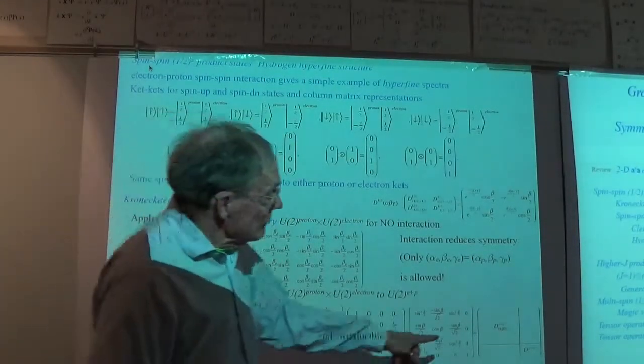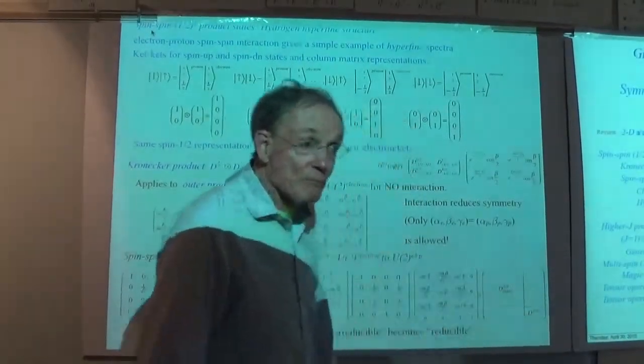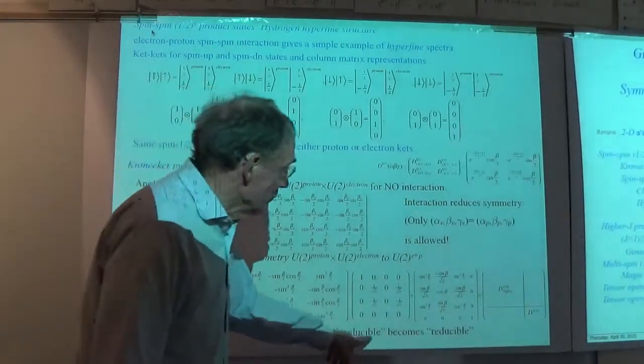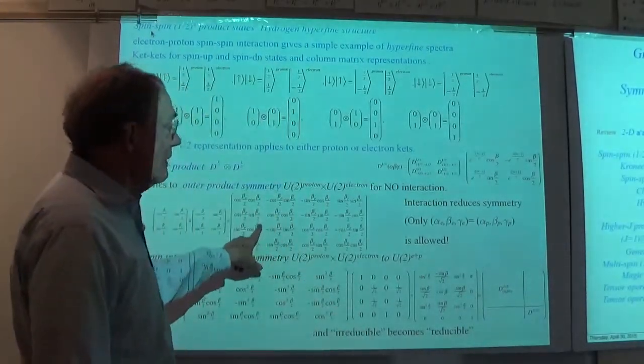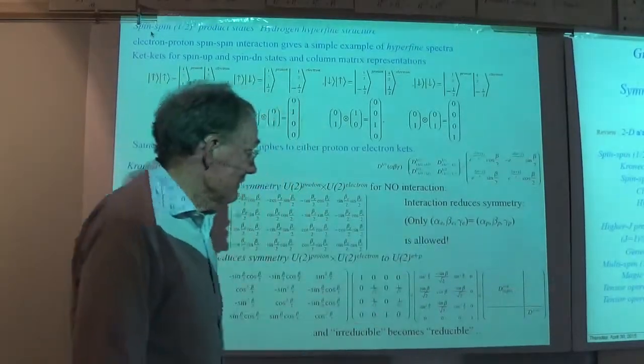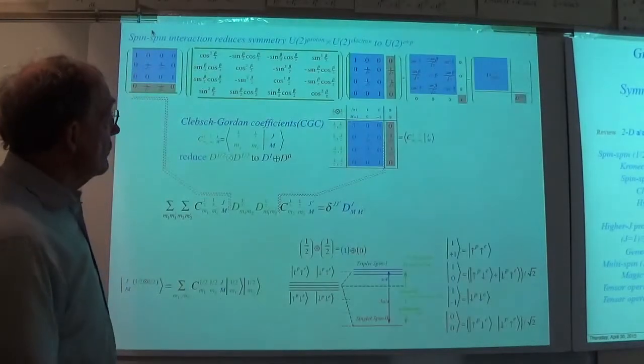In other words, it'll give you a block of angular momentum 1 and a block of angular momentum 0. That's the symmetry way of looking at it. So this is irreducible of this, but it's not irreducible of this. It becomes reducible. And so that's the way to look at it.